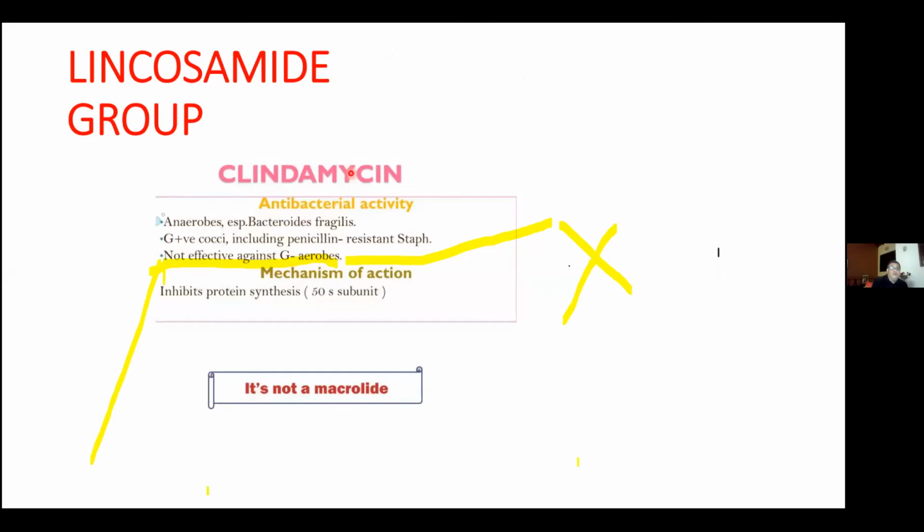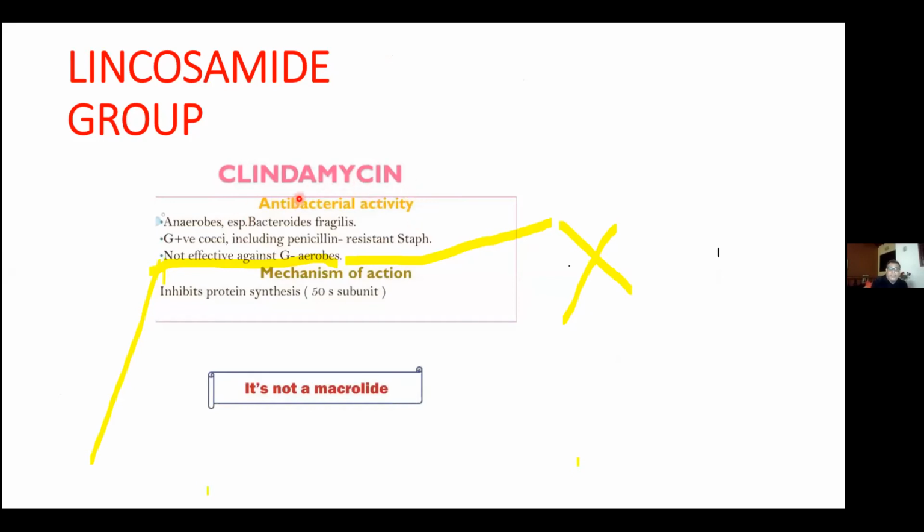So now we have moved to the last group of antibiotics, that is, the lincosamide group, that is, lincomycin and clindamycin. I have added it because we use clindamycin in more severe dental infections, so it is better to have a look at that medication as well. It is not a broad spectrum antibiotic, it's a narrow spectrum.